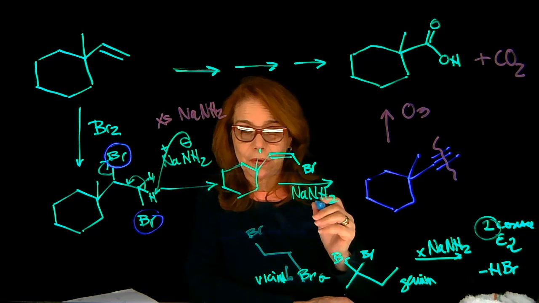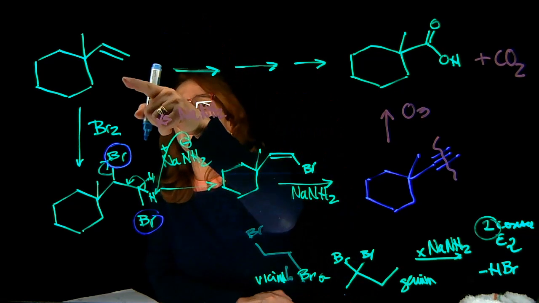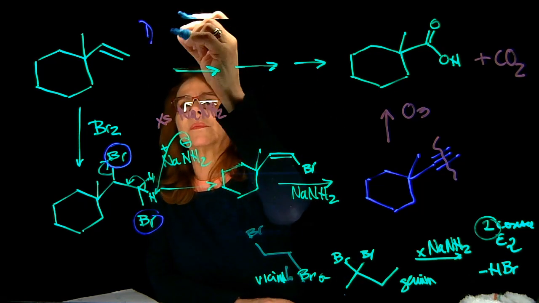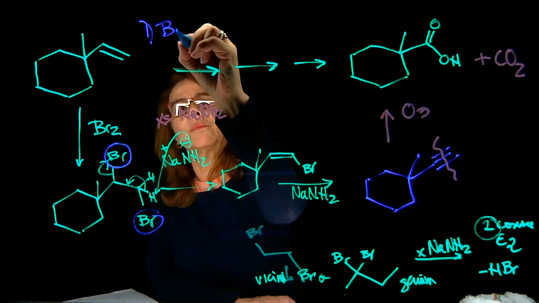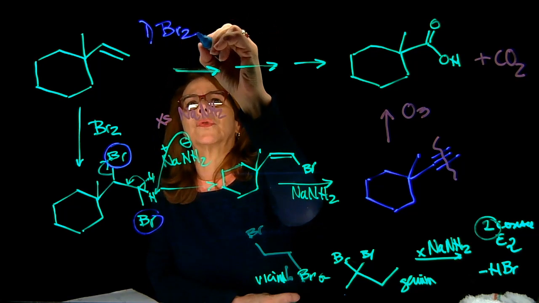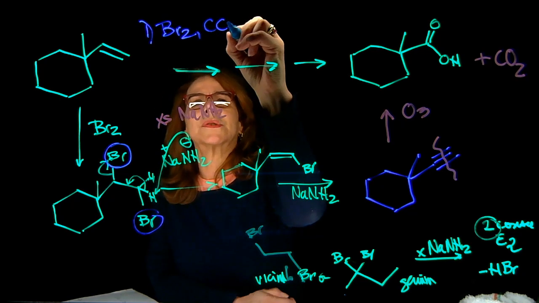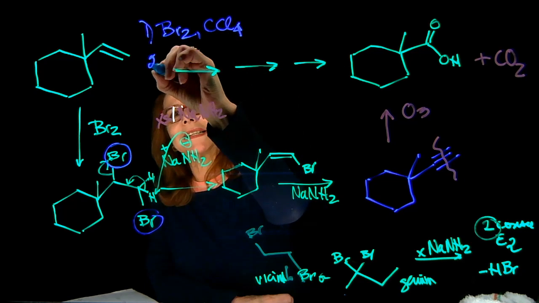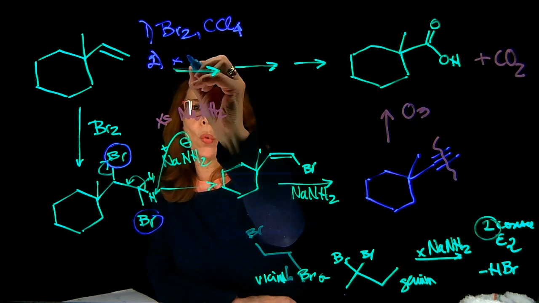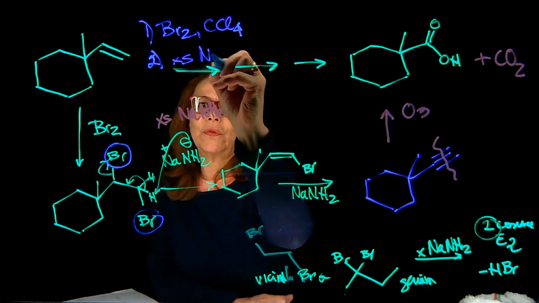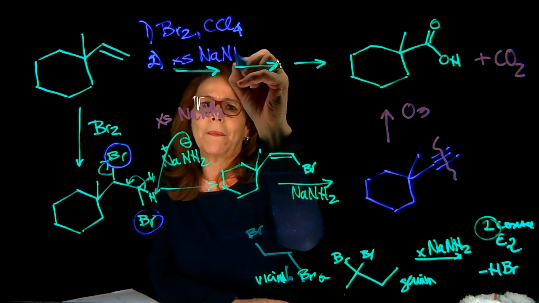So summarizing, what are the reagents? From this, the first step will involve a bromination reaction, say that you do that with carbon tetrachloride. The second step is to treat that with an excess of sodium amide.